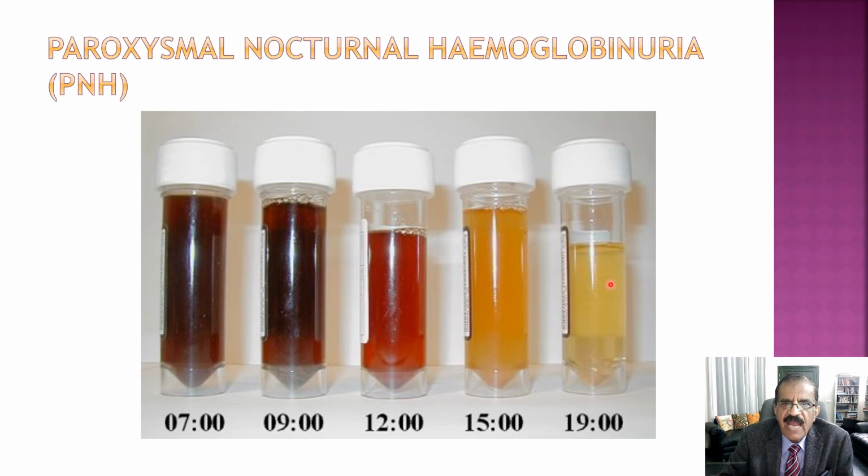So at night they have this hemoglobinuria, and in the morning, if you examine their urine, it will be very dark because of the hemoglobin present. Then as the day goes on, the urine becomes clear. So this is characteristic of paroxysmal nocturnal hemoglobinuria.